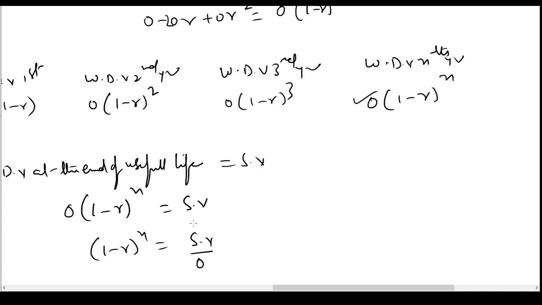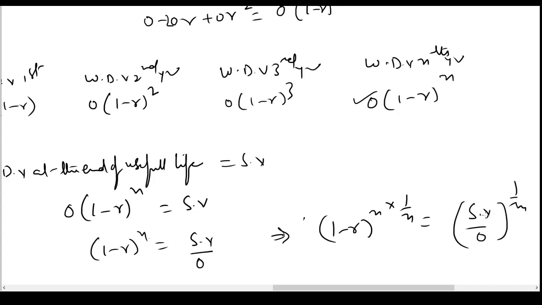If I raise both the sides to the power of 1 by n, so it will be like this: 1 minus R whole power n into 1 by n, whereas this will be scrap value divided by original cost whole power 1 by n.